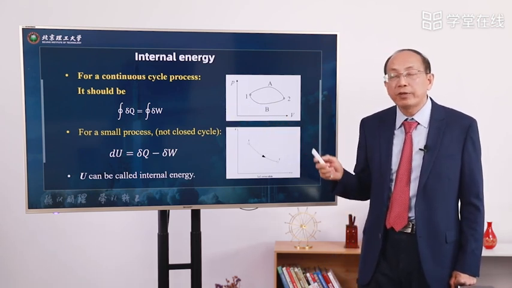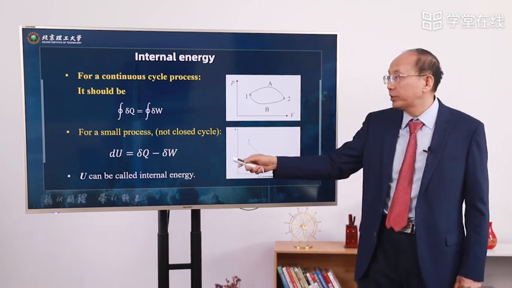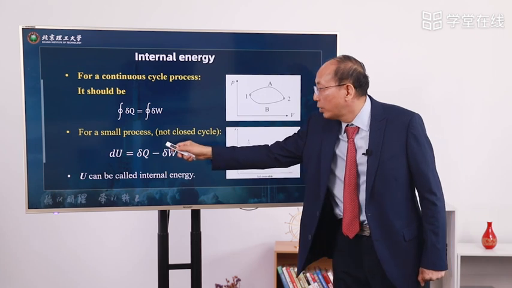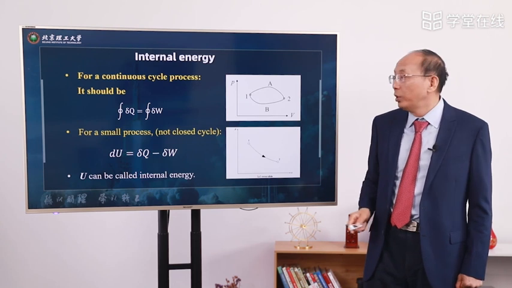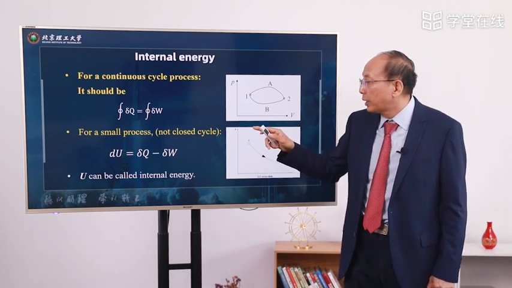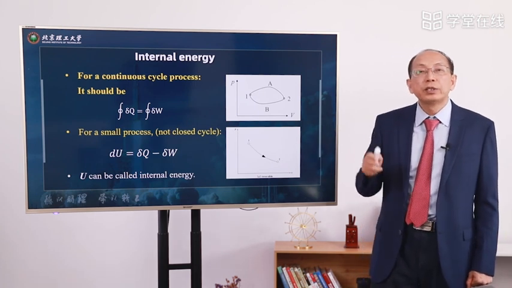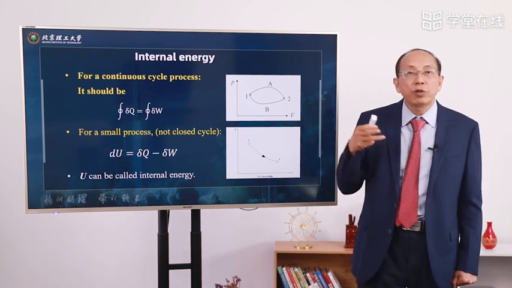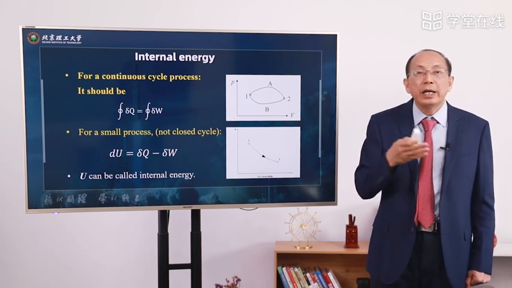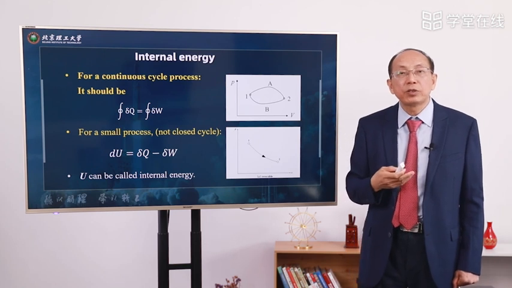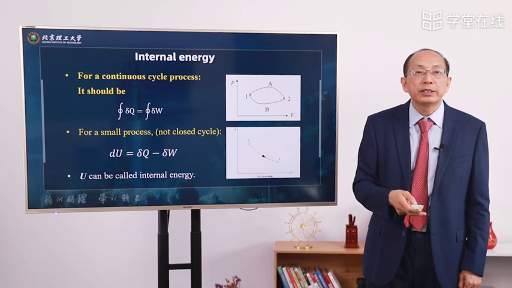There is some difference, so we give an equation to calculate the difference: dU equals delta Q minus delta W. Here, U is called internal energy, meaning some energy stored in the system. Because delta Q and delta W are not the same, the difference is stored in the system.